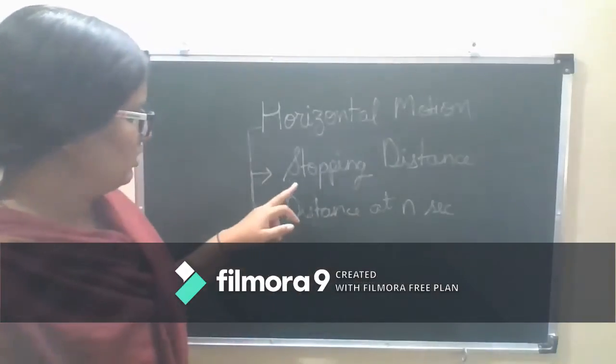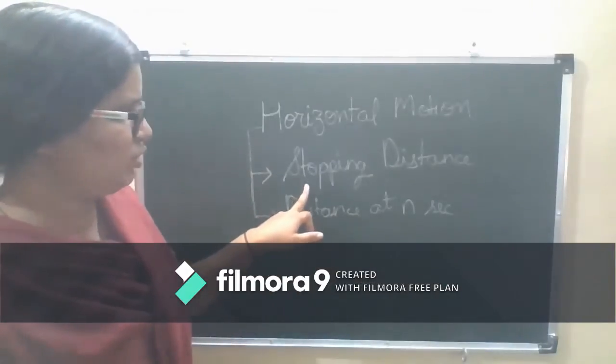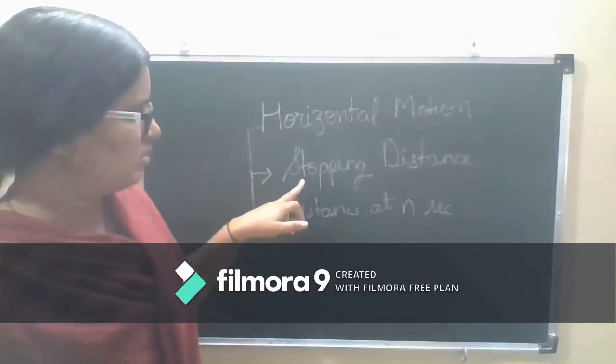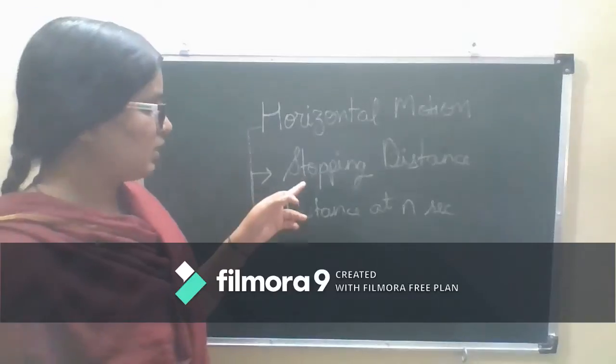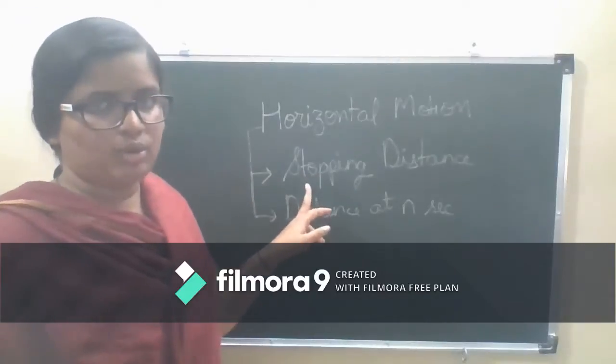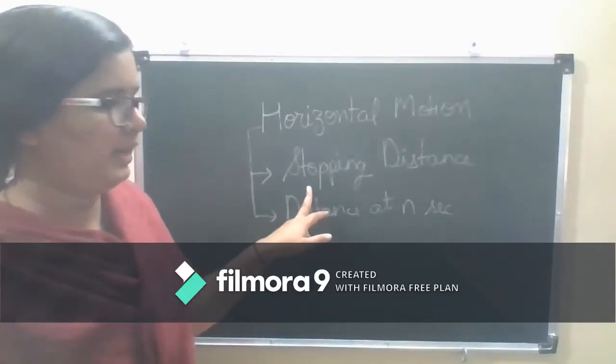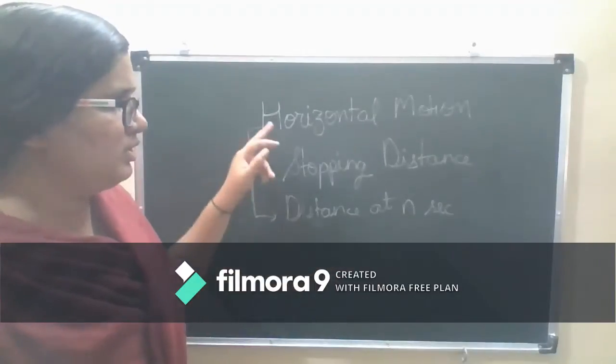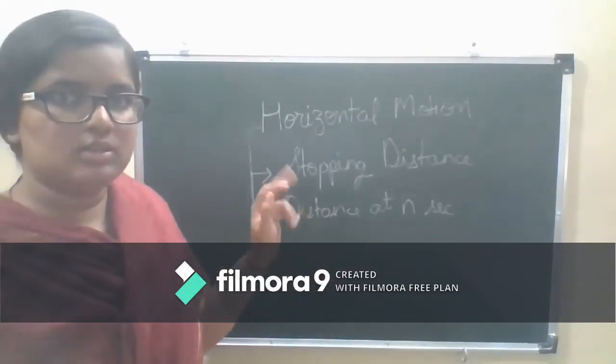This is the example for the stopping distance, because the car is not stopped. That's why the accident happens. And distance at n seconds. We will see the numericals on this one by one.